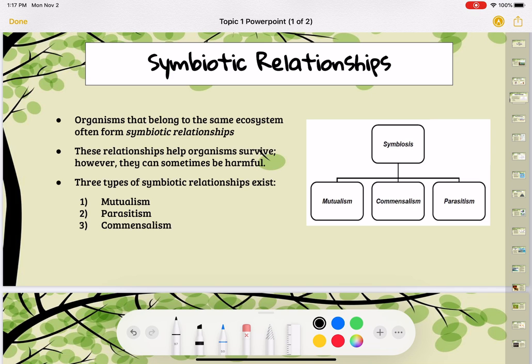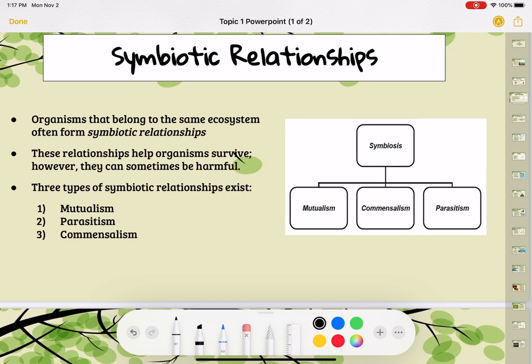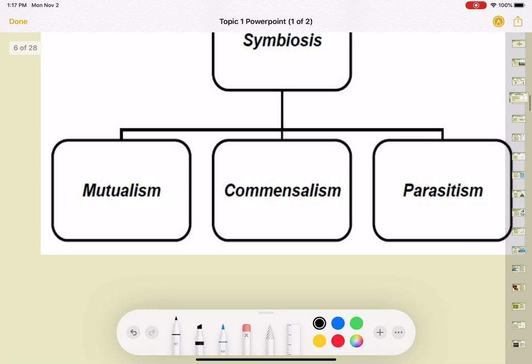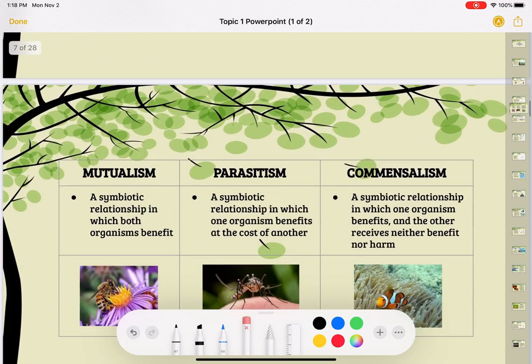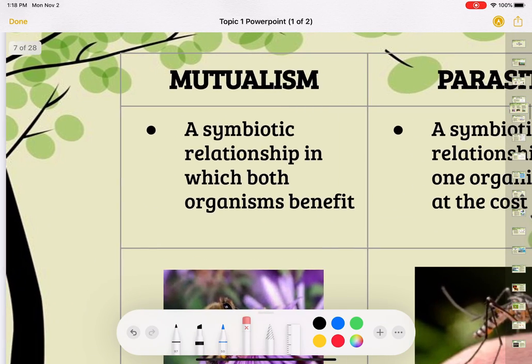If we're looking at this in the case of plants and animals in the ecosystem, they can have 3 different types of relationships. We could have a mutualistic relationship or mutualism, we could have commensalism, and we could have parasitism. We're going to go into what each of those things mean. You might have heard of these before, but I will explain each of them individually.